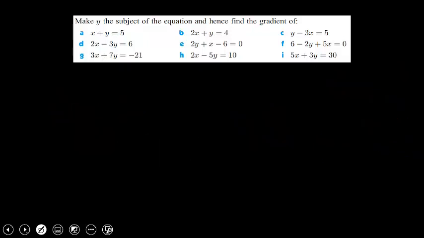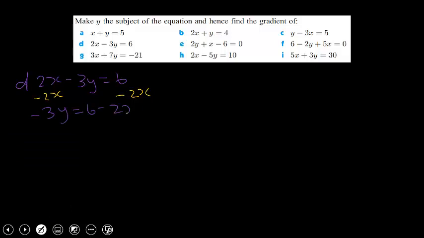Okay, question D. 2x minus 3y equals 6. Let's move out 2x. This is plus, so we're going to say minus 2x on both sides. So we have minus 3y equals 6 minus 2x. I get rid of the minus 3, so I divide.